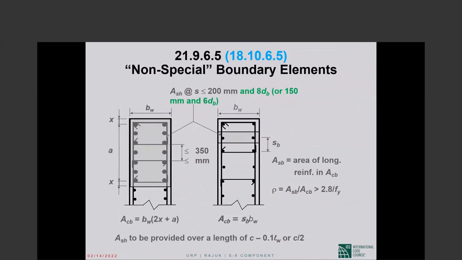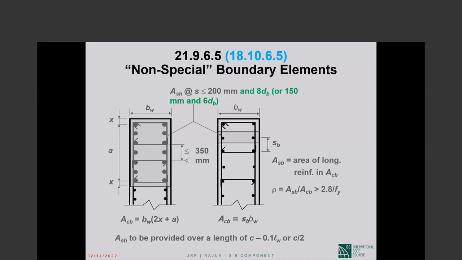What is this local reinforcement ratio that we are talking about, which exceeding 400 over f sub y will trigger non-special confinement? If you have distributed reinforcement, the reinforcement that we need for flexure and axial load, we decided to evenly distribute throughout the shear wall cross section.